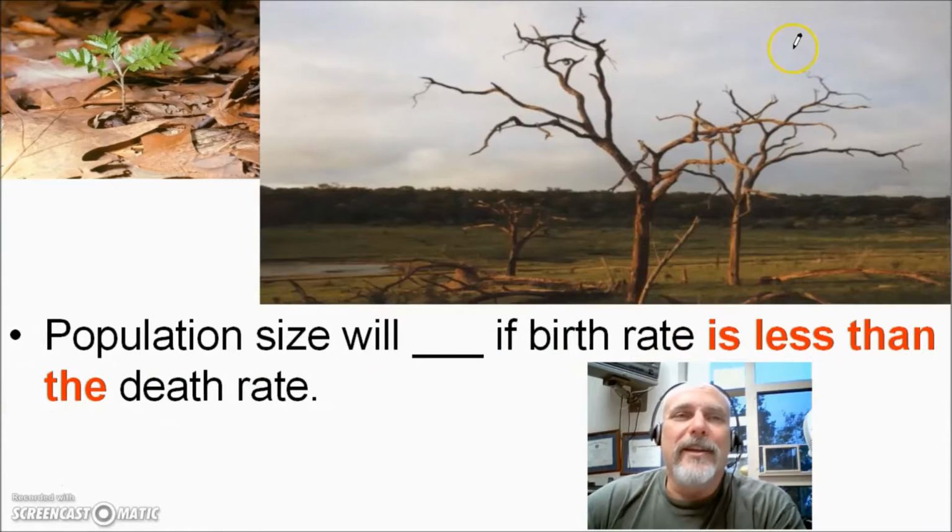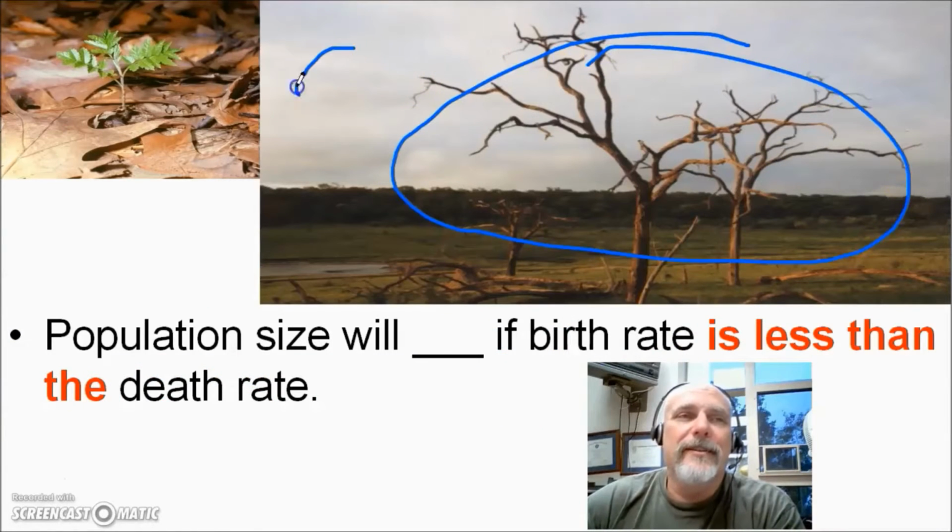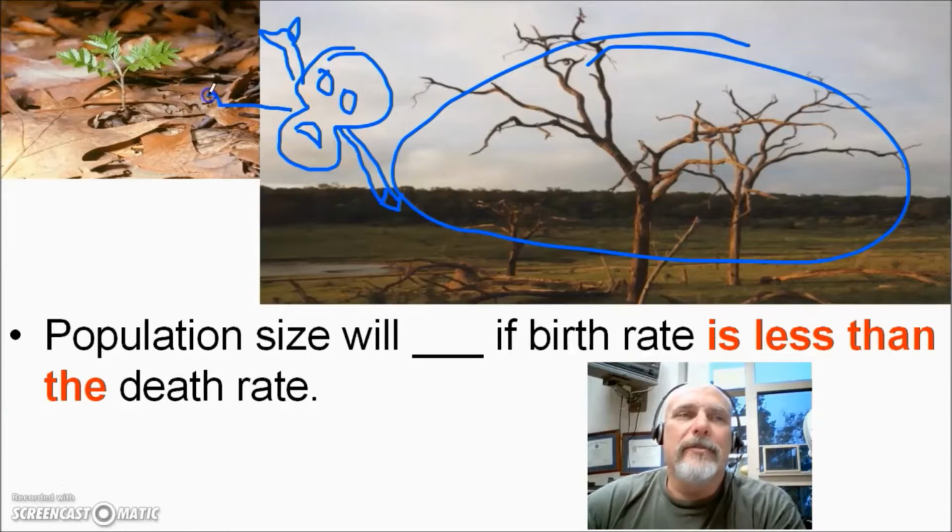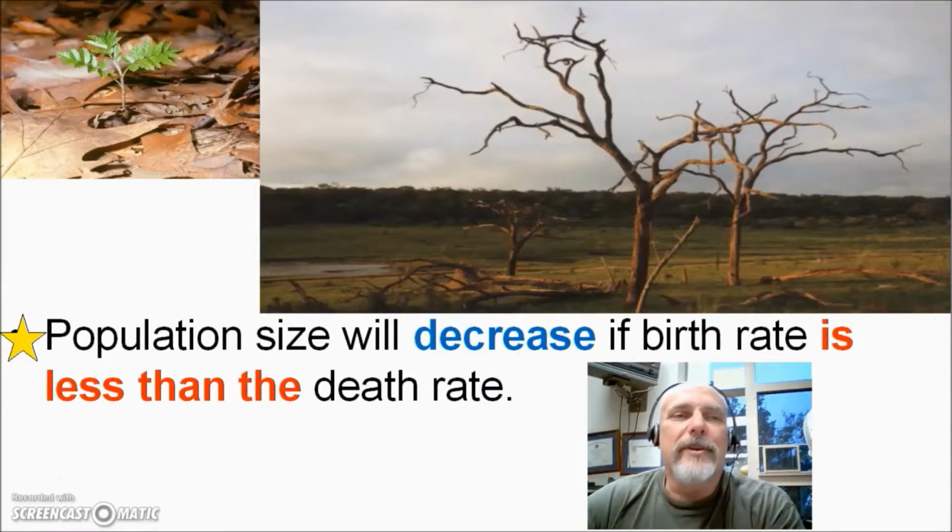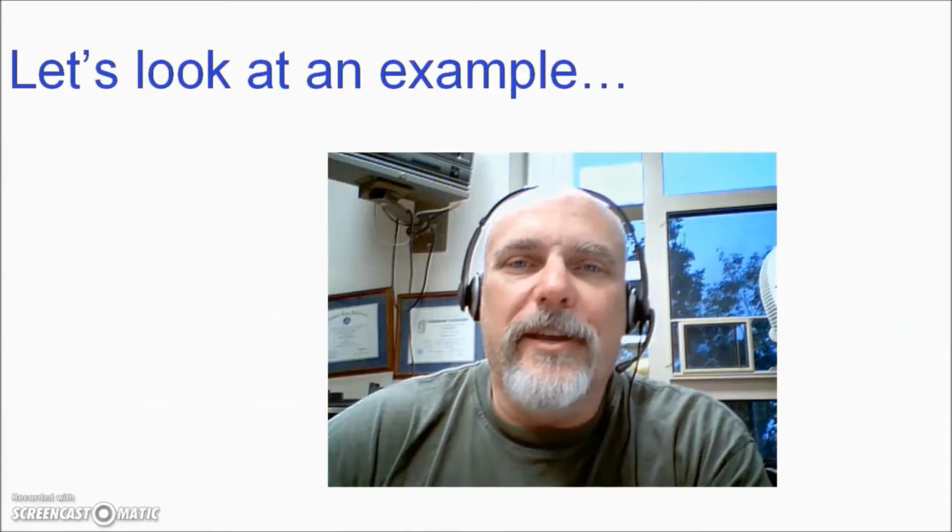And conversely, if the death rate is greater than the birth rate, then what's going to happen to the population size? You are going to have a decrease in population size. You're going to have more members of the species dying than new ones are coming in to replace the ones that have died. Let's look at a specific example of this case.